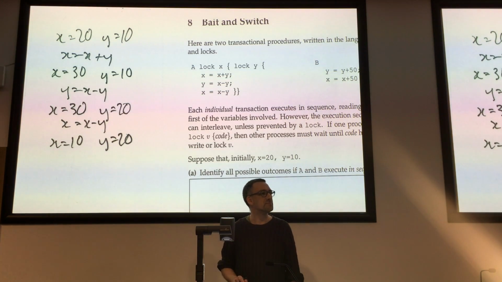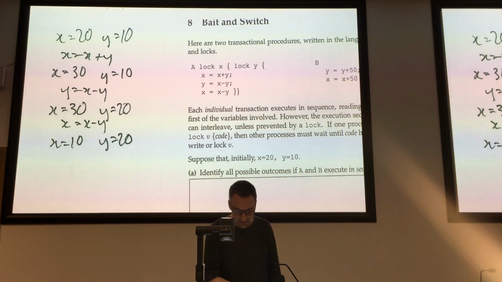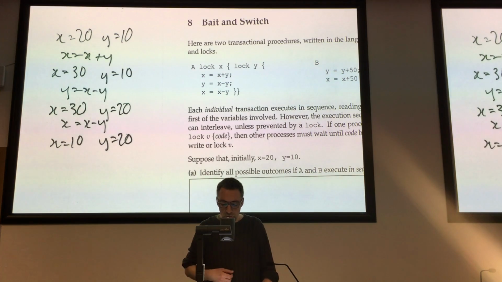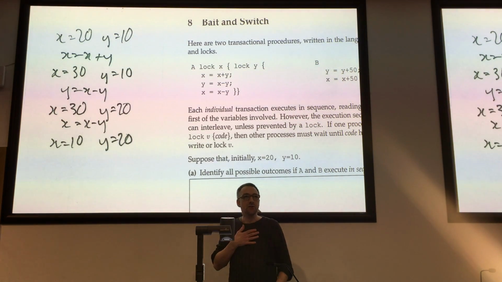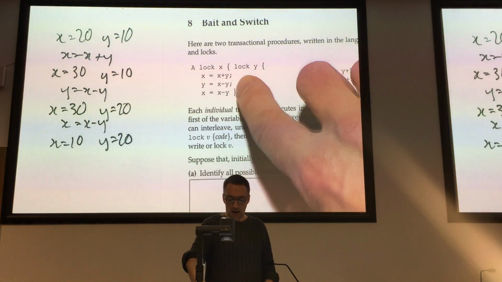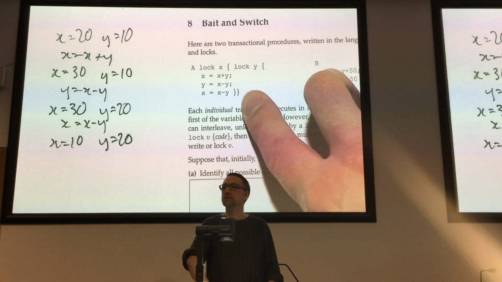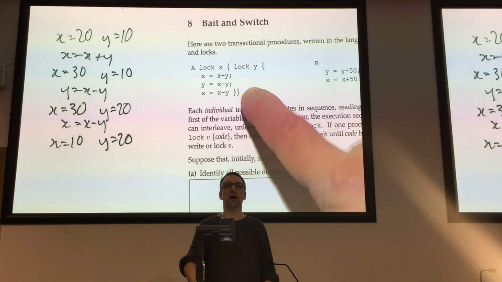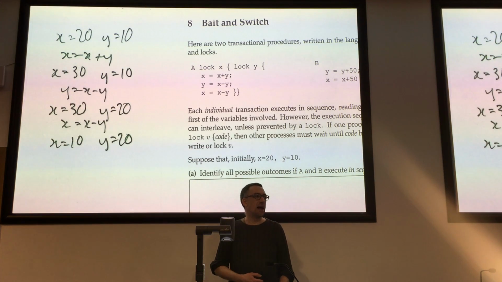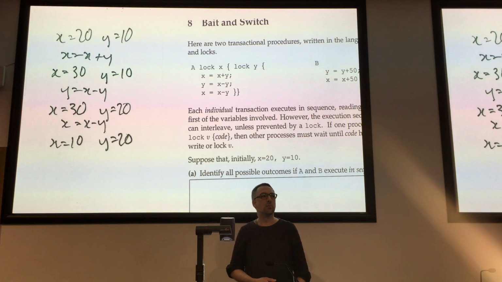They've swapped. And in fact, that's not at all a coincidence. If you work it through, you'll see that A exactly swaps X and Y. This is one of the classic ways to swap the values of two variables without using a third variable.